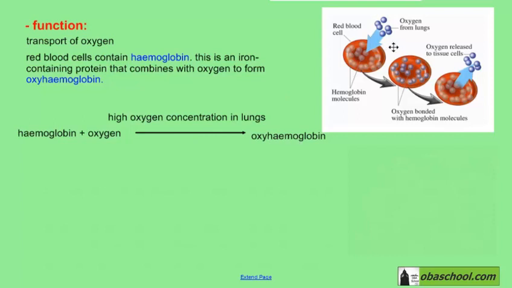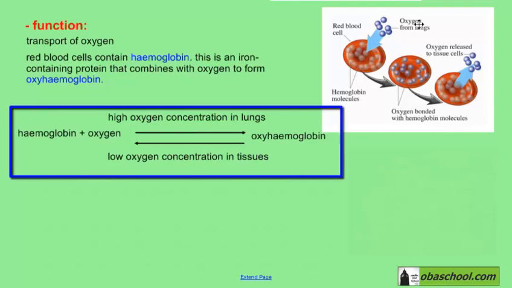Now, when the blood reaches the cells that it's supposed to give oxygen, oxyhemoglobin will break down into oxygen and hemoglobin again, and this is driven by the low oxygen concentration in tissues. Oxygen needs to diffuse out of the blood and into the tissues now, but it is in the oxyhemoglobin form. It can't leave the blood vessels as oxyhemoglobin.